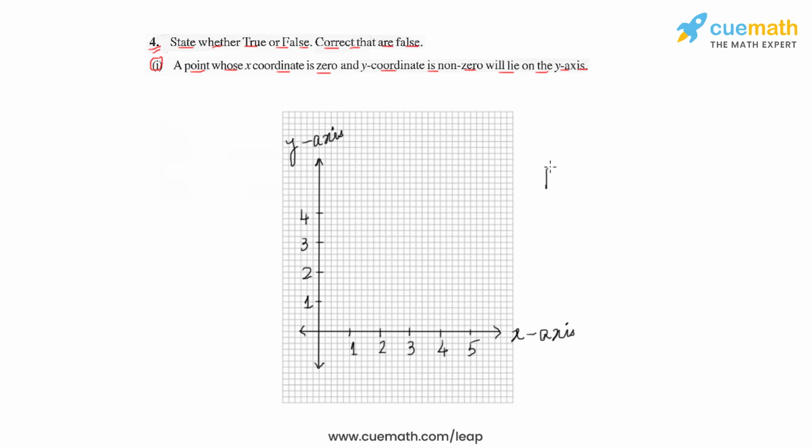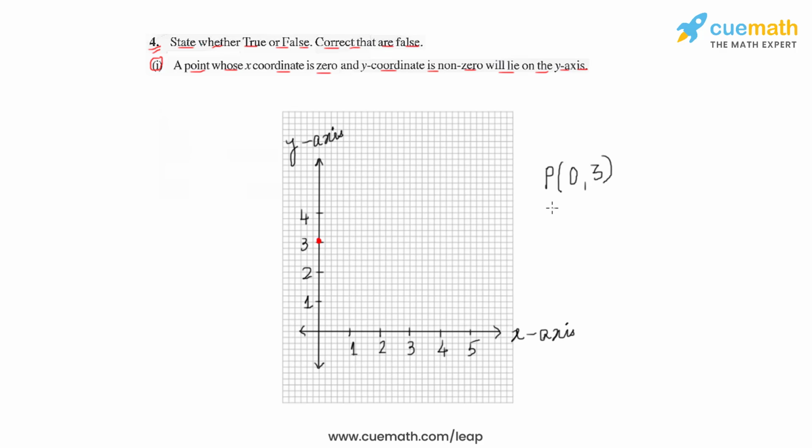Let us consider the point to be P, and since it's given that x coordinate is 0, so 0 comma suppose 3. So if we have to plot this point, the point will be marked here on this graph, as we see that this point represents a non-zero value for y-axis and the x coordinate will have 0 value.